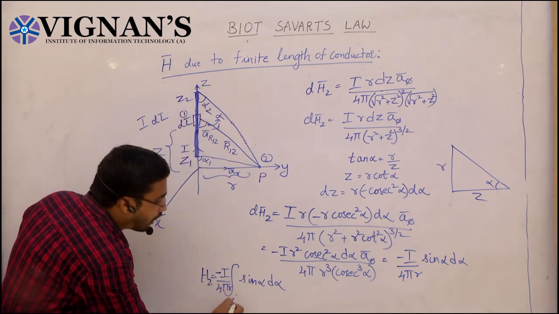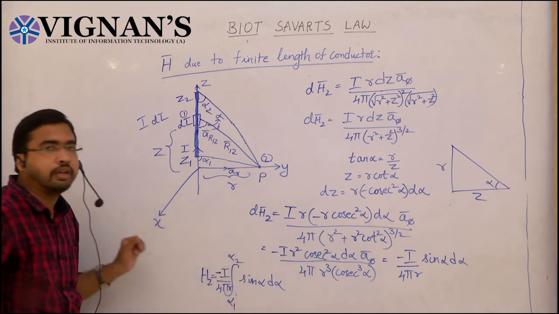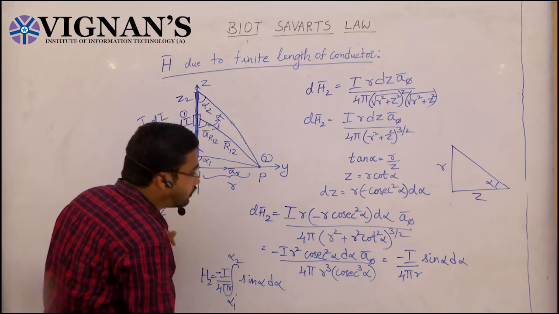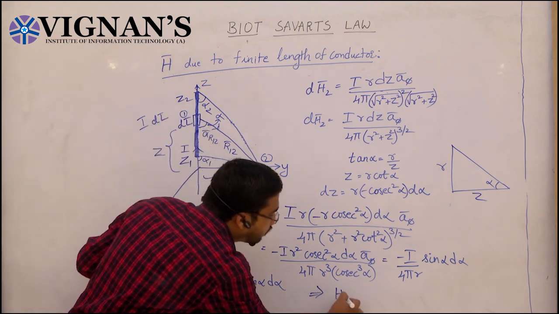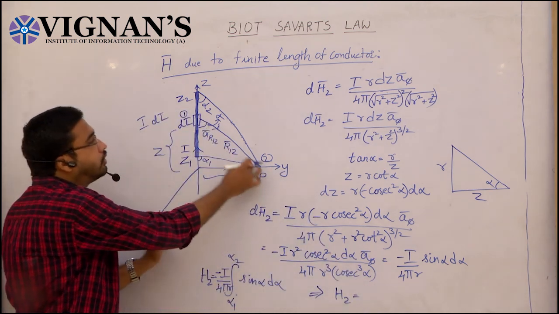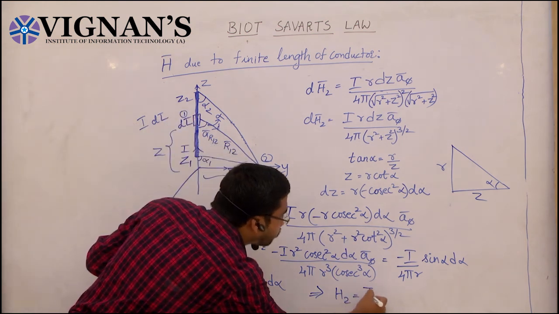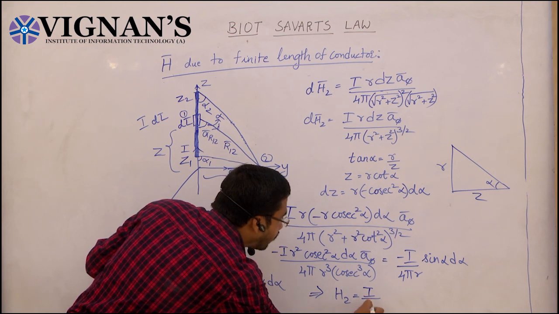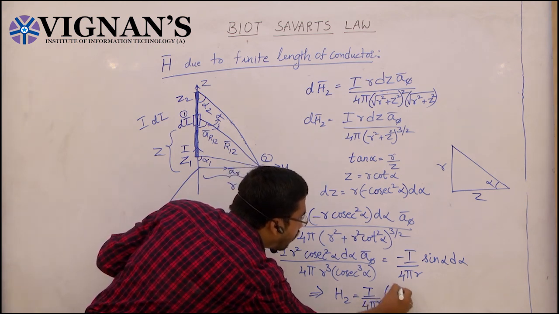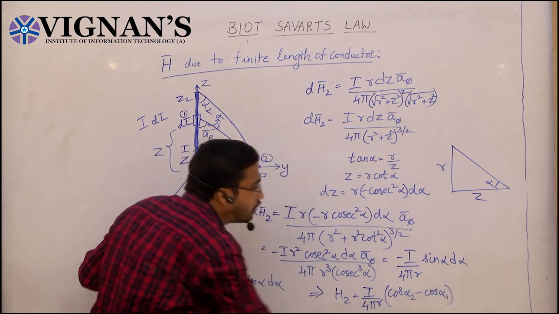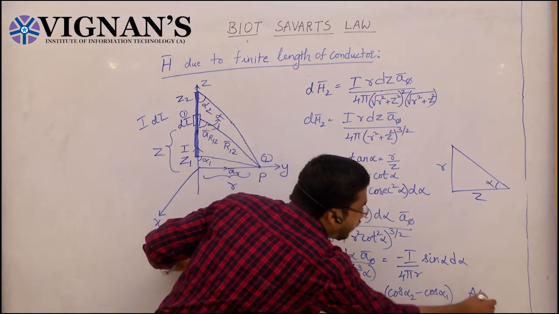Your angle limits are from alpha 1 to alpha 2. So if you solve this and find the complete expression, then your magnetic field intensity at this point P due to this finite length of conductor is I by 4 pi R into cos alpha 2 minus cos alpha 1 ampere per meter.